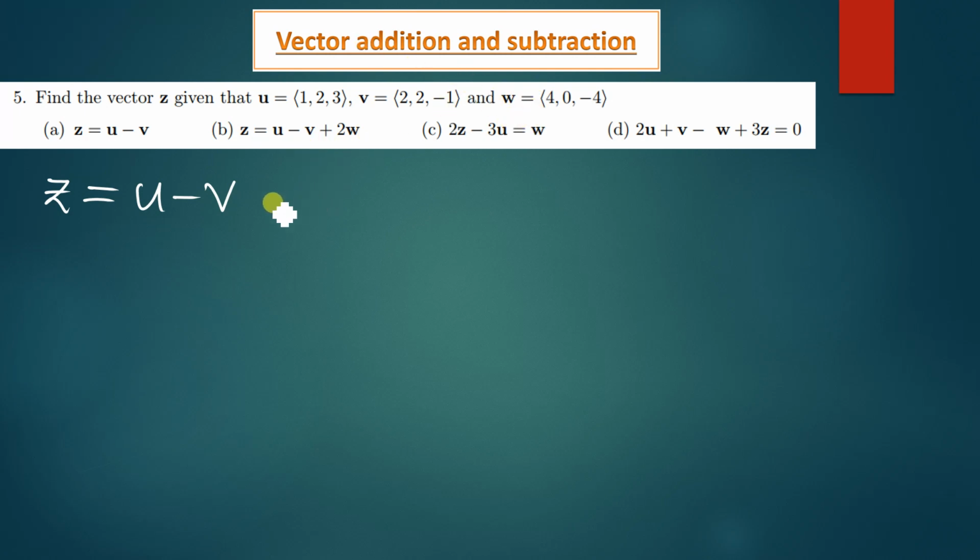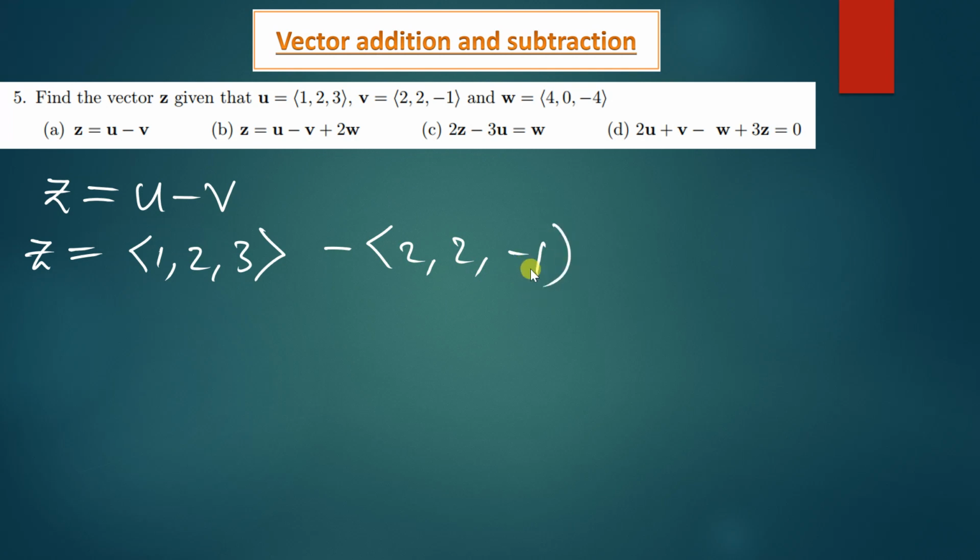So z is going to be u, which is (1, 2, 3), subtracting v, which is (2, 2, -1).